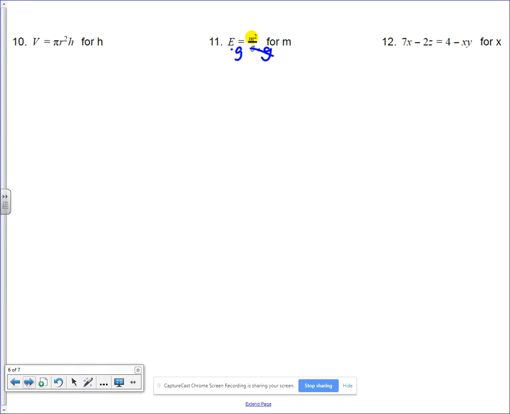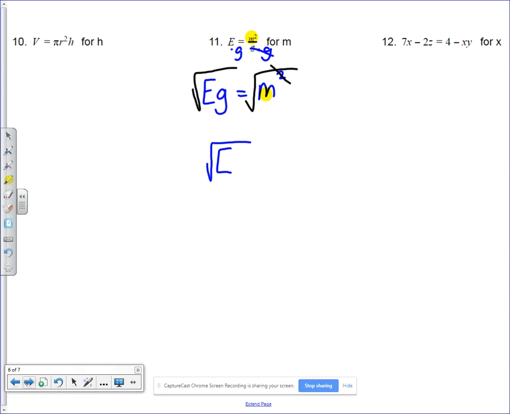Now you guys see how that E is a capital E? You need to keep it a capital E. This is actually a science formula involving energy. And that E stands for energy. And then I have an m squared over here. Again, I'm trying to isolate the m, so how do I get rid of the squared? Square root it, which will cancel the squared, and I have the square root of EG is equal to m.